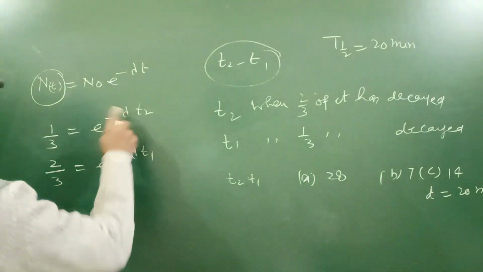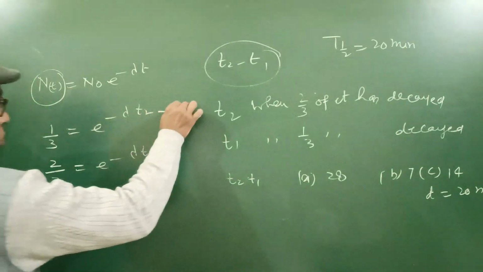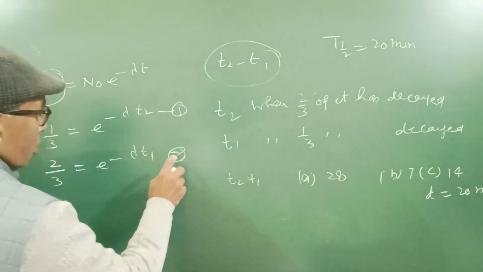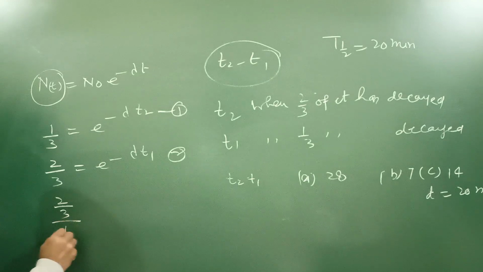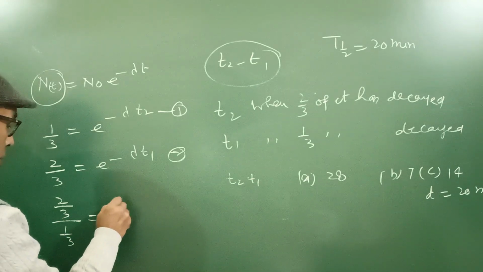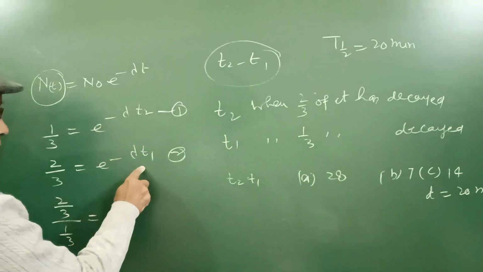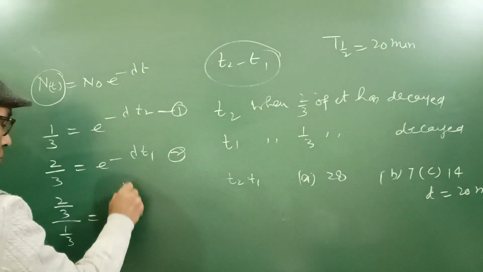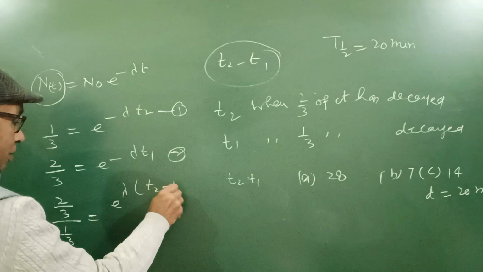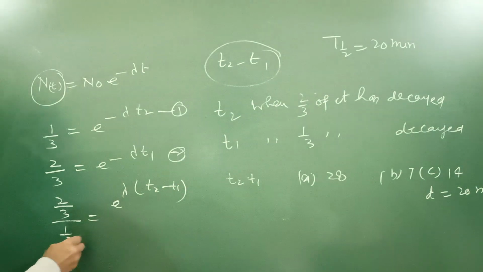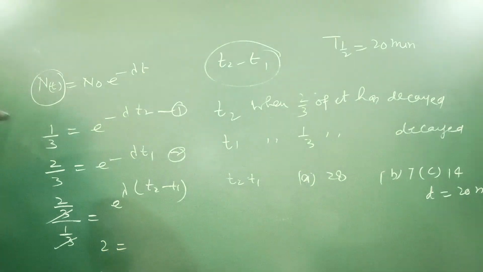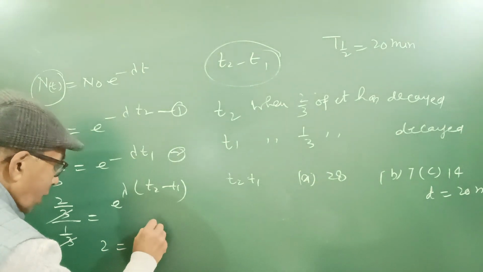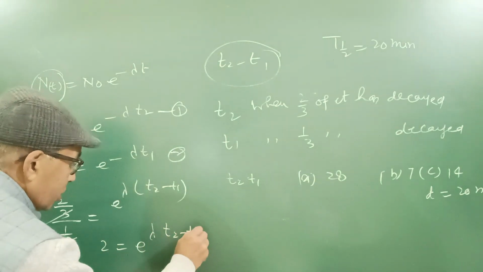Dividing this by this, 2 by 3 upon 1 by 3 is equal to e to the power lambda into T2 minus T1, so 2 is equal to e to the power lambda T2 minus T1.